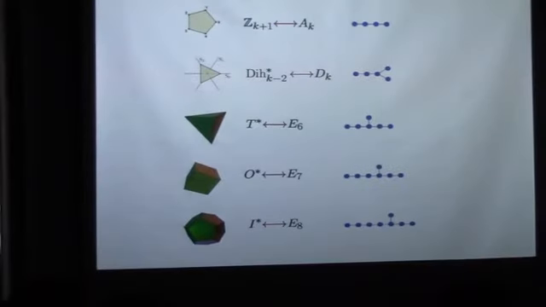The funny thing is that each of these groups, and this plays an important role in Kronheimer's constructions, is encoded in a Dynkin diagram. They are the Dynkin diagrams of type ADE. They come up also in Lie group theory, but here it's a different link to representations of finite groups.